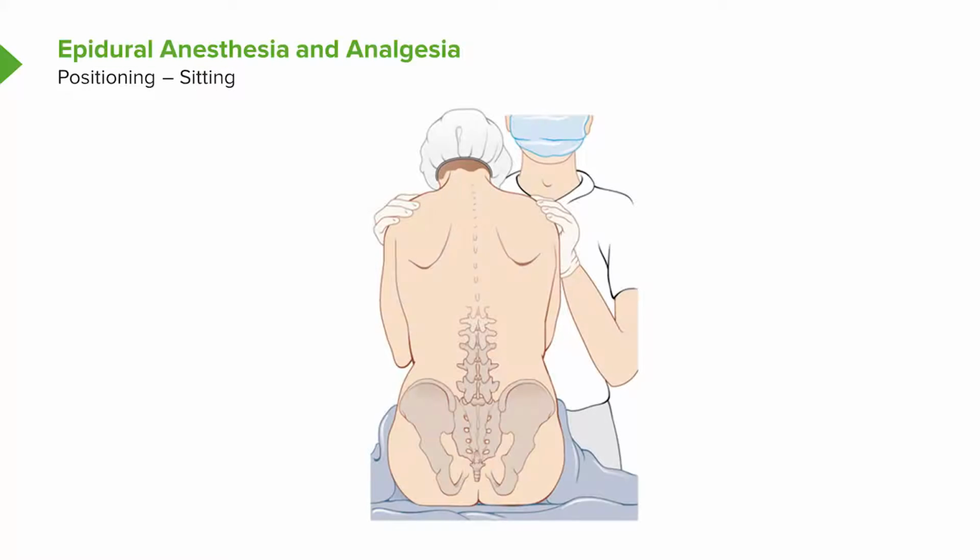So the easiest way to put in an epidural is with the patient in the sitting position, because this straightens the spine. And I'm going to refer to the patient as a woman because more commonly we use it in women than in men, simply because it's widely used in obstetrical anesthesia.